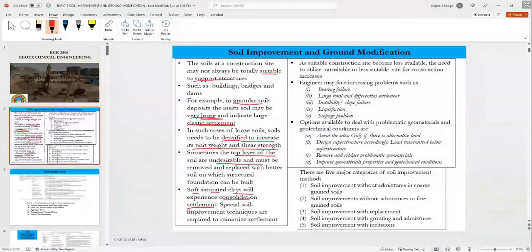Okay, so consolidation settlement occurs on saturated fine-grained soil. Do you understand how the process of consolidation takes place, Alfred? Since you brought this up.